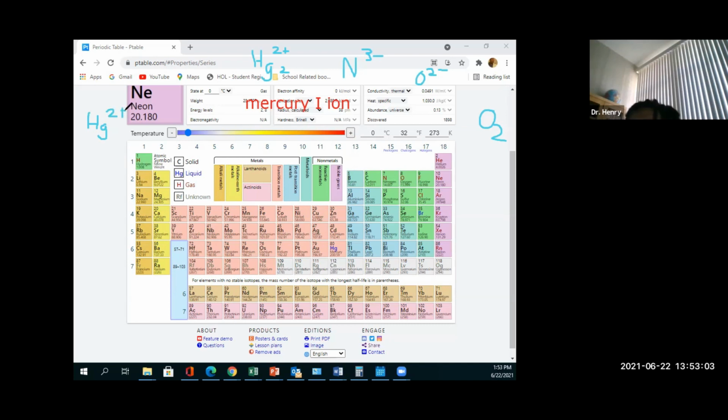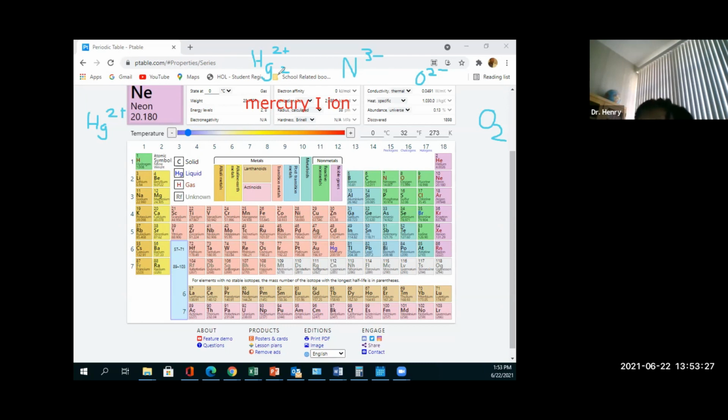This is mercury 2. Okay, mercury 2, again, its charge is 2+, so we call it mercury 2 ion. The mercury 2 ion is not diatomic, right? Meaning that there's not 2 of them that you have to have. Okay, so the distinction between it is that charge. This guy is the mercury 1, right?